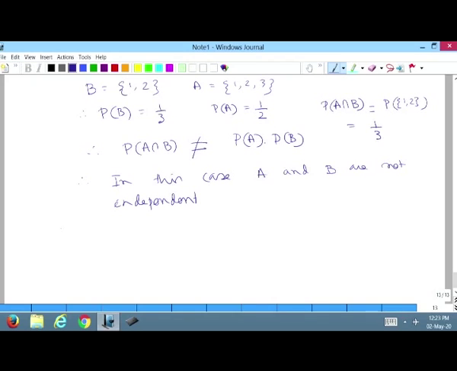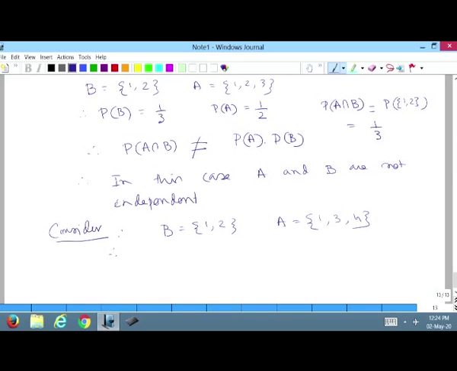But consider B is equal to {1, 2}, A is equal to {1, 3, 4}.